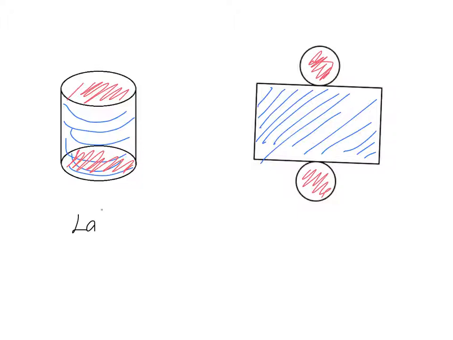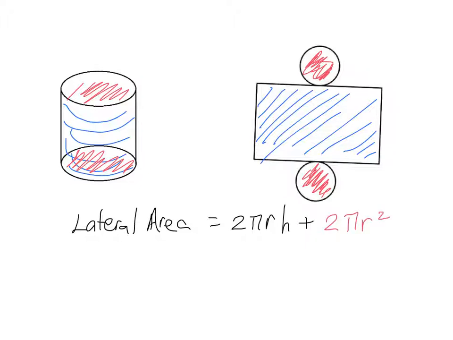The lateral area equals the 2 pi rh, which we already discussed, that is the area of the blue section, plus our bases, which is, well, each one is a circle. The area of one circle is pi r squared, but since there are two circles, the area of our circles are 2 pi r squared. So, and that's actually the whole surface area.